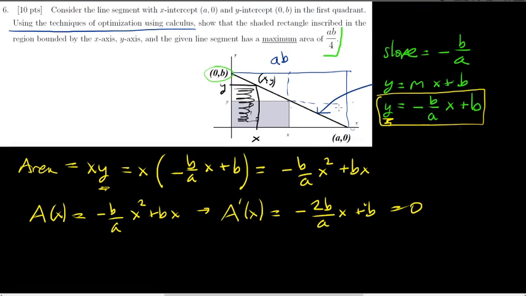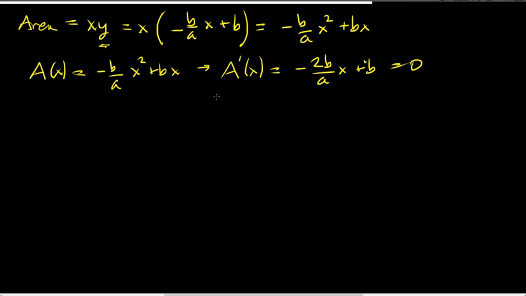Remember, a and b are just numbers here, right? x is the only variable here. Although a and b do vary, of course, but x is what you're solving for. So you're going to get negative 2b over a times x equals negative b. And then when you divide by b, I just did everything all at once here, right? I multiplied by negative a over 2b.